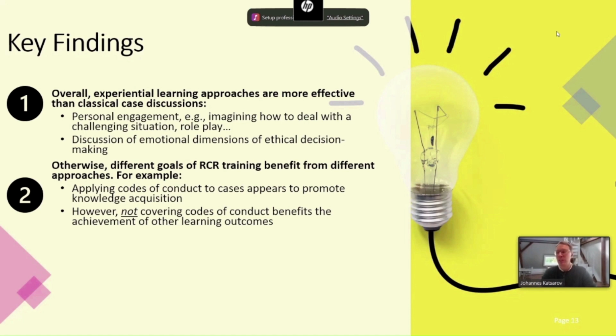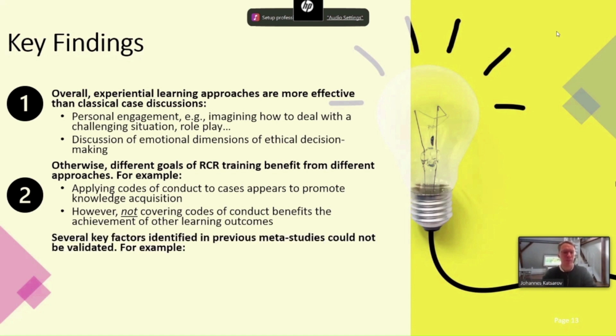So on average, it seemed to be detrimental to attitudinal learning to discuss codes of conduct with students. However, it helped in the development of knowledge. Unfortunately, we won't have much time to discuss why this could be the case today. But if you're interested, we can always discuss this, and you can always have a look at the paper.